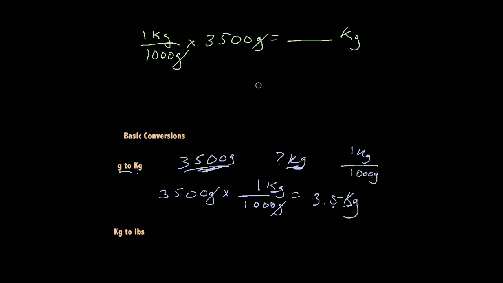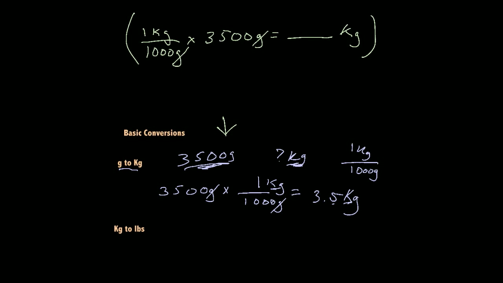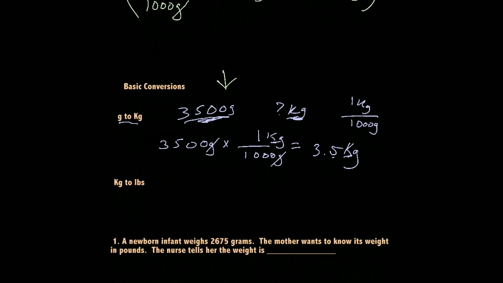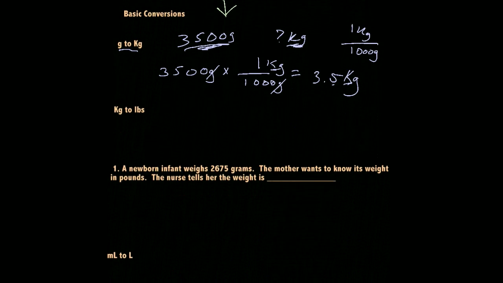Dimensional analysis is nothing more than a means for us to sort and organize our division and multiplication. So it doesn't matter what order it goes in. If you like to do it this way, great. I'm going to have the tendency to do it this way right here, just because as you're moving into first semester nursing school, generally you've probably done 200, 300, if not more, dimensional analysis chemistry problems set up that way.